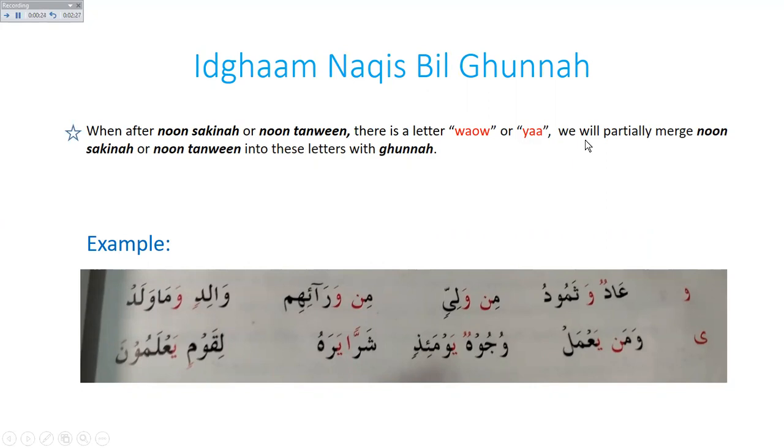Nakis means incomplete. That means we're not going to completely merge it. We are going to half merge it, not full.